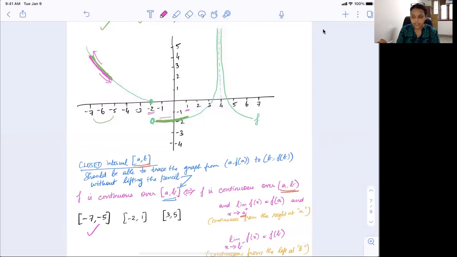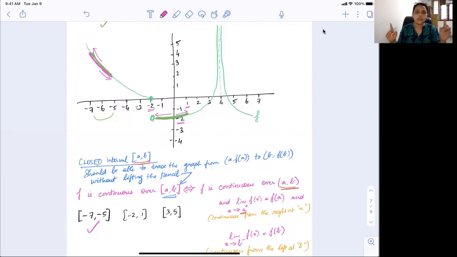Well, that limit is not equal to the functional value at -2, whereas the left-hand limit at 1 is equal to the functional value at 1. So at one of the endpoints, the function is not continuous. Therefore, it is not continuous in this interval.